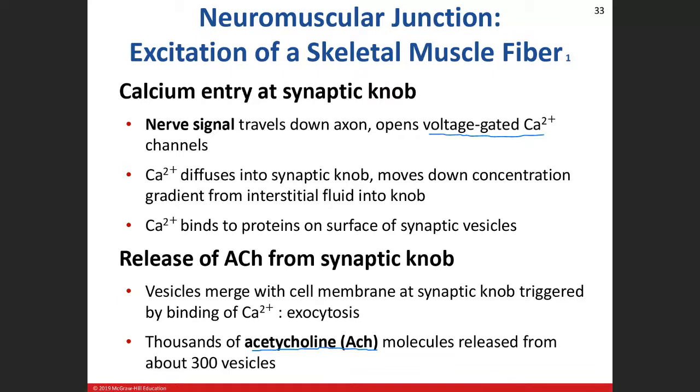So on average, we'll release about 300 vesicles. And those 300 vesicles from the synaptic knob contain thousands of acetylcholine molecules. That's a lot. So that's just going to be floating around in that synaptic cleft. Okay? So that's what happens here at the neuromuscular junction.